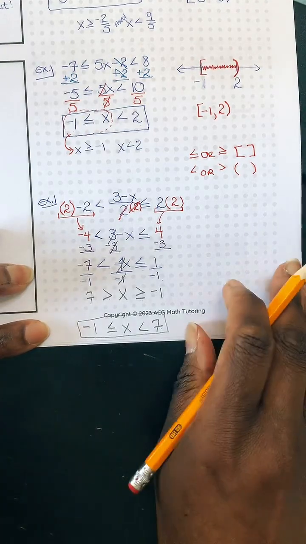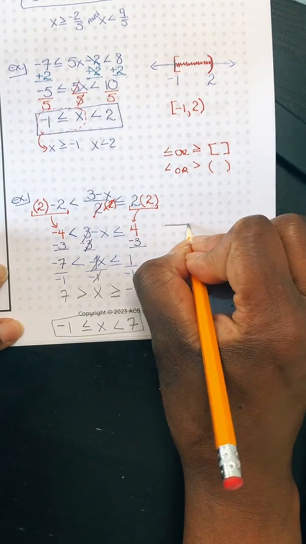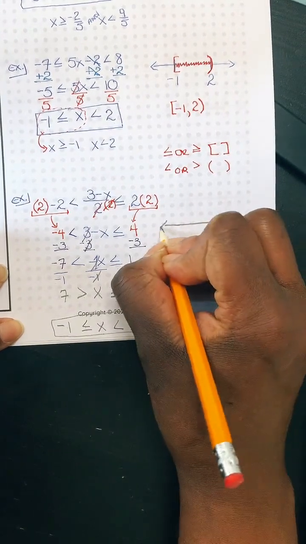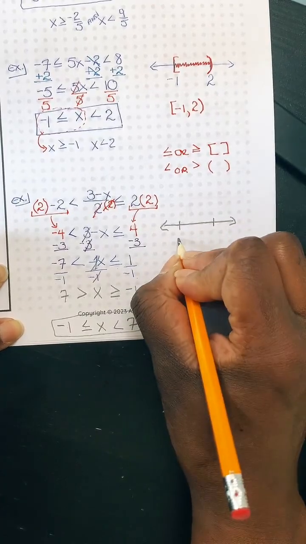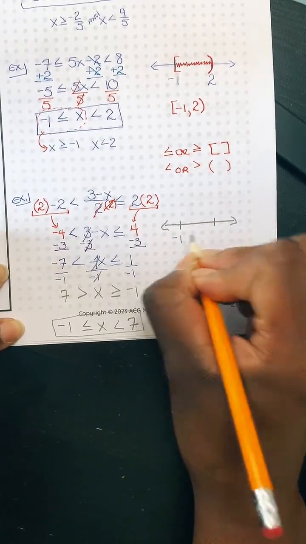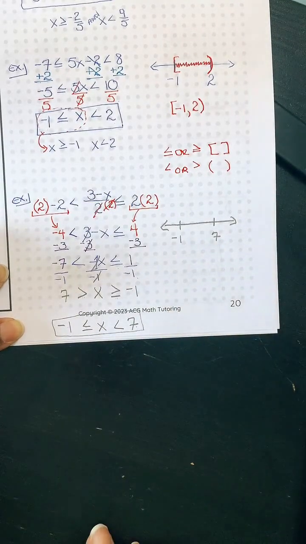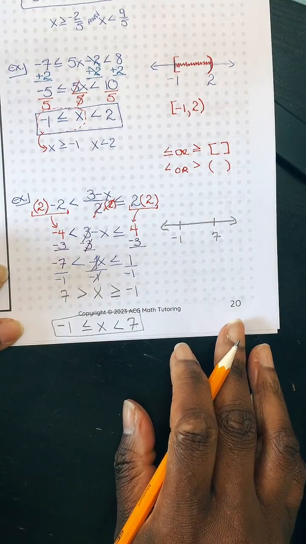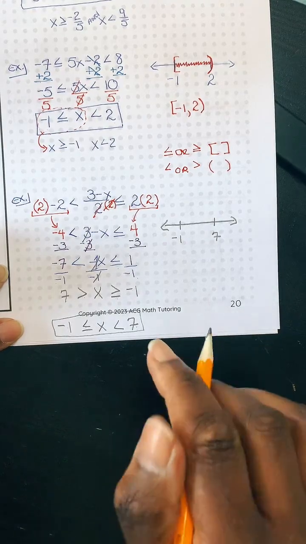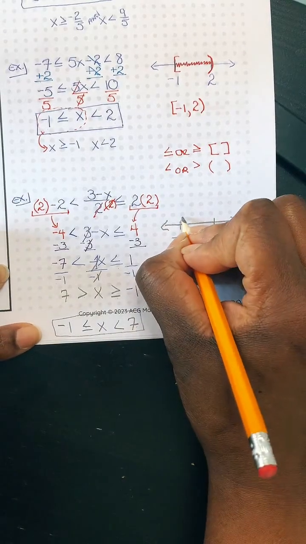All right? So if I were to graph it, remember my smallest, -1, my largest, 7. All right, so yes, there is going to be a bracket at the -1.